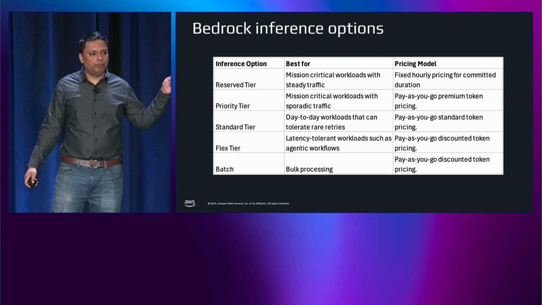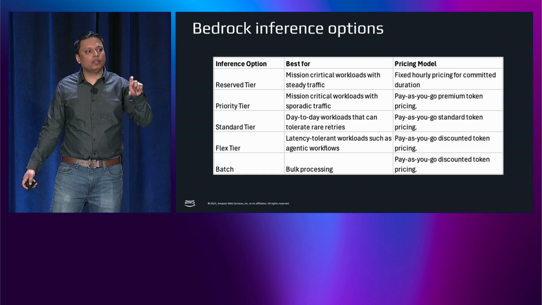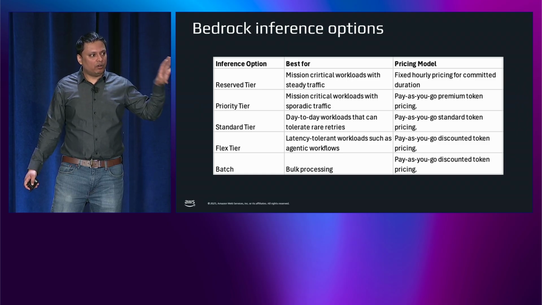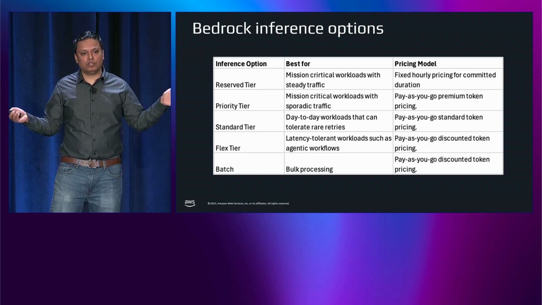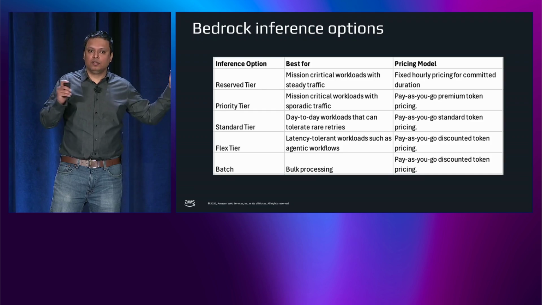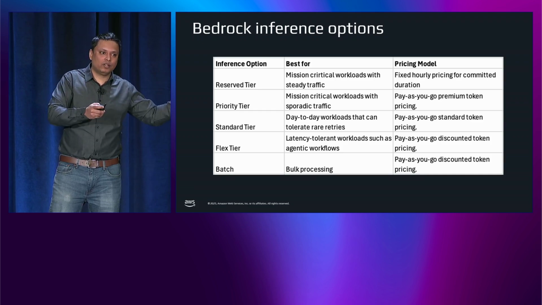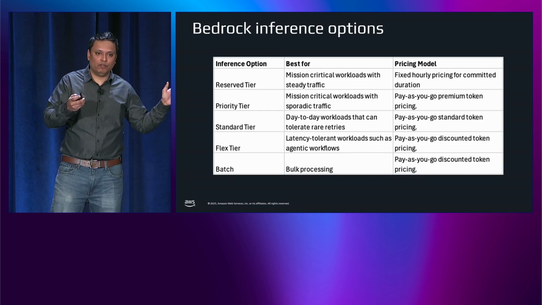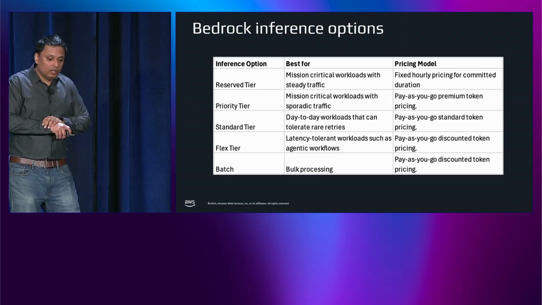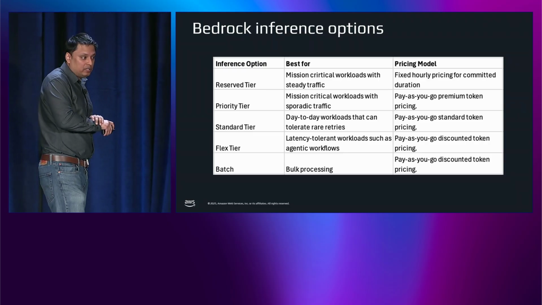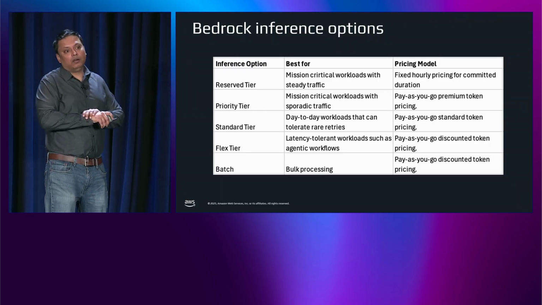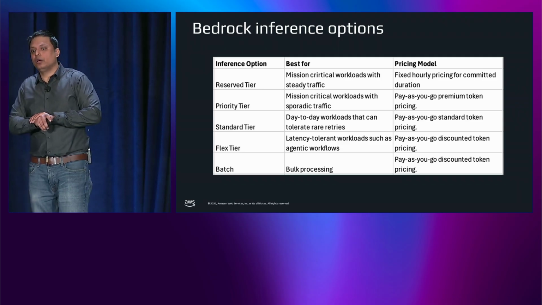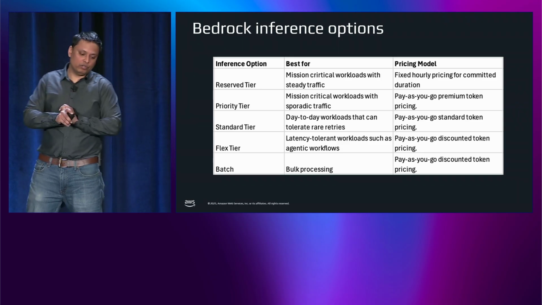From my previous year, I know what the patterns look like, what my input and output TPM requirement is, and I'm going to reserve that so that I can rest assured that my users will not get throttled or don't have to retry. The pricing model is fixed. That means if you don't use it, there could be cost wastage, so you have to be careful on how much you want to reserve.